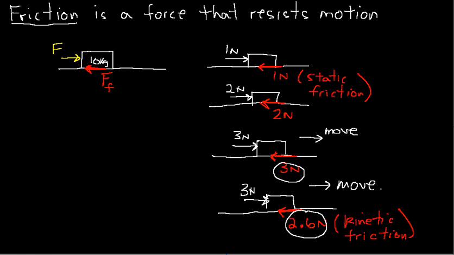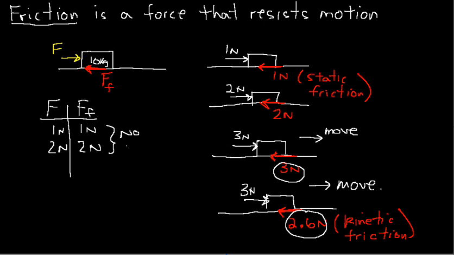So let's take a look at what happened if we draw this in a little diagram here. So here's the force that I'm applying, and here is the force of friction. So I applied a force of 1 newton, friction applied a force back of 1 newton. I applied a force of 2 newtons, friction applied a force back of 2 newtons. So far, there's no motion. So the friction we're talking about here is static or still friction.